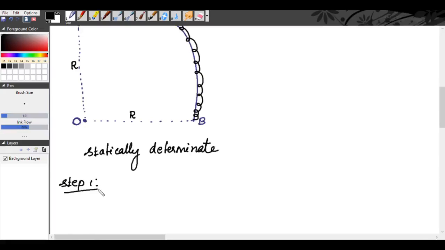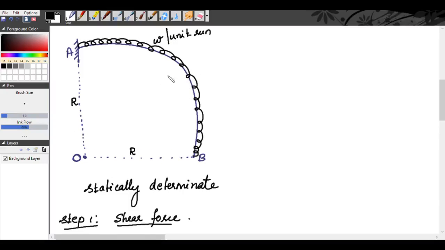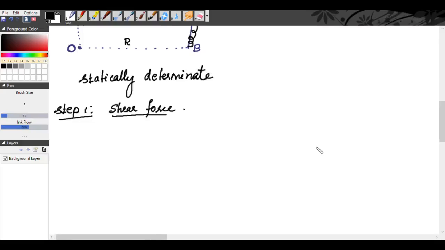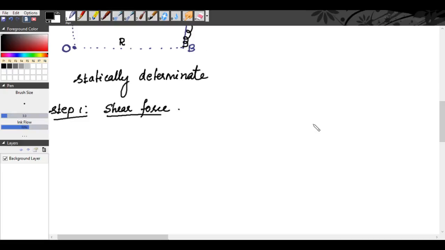After confirming it is statically determinate, we will move on to step 1. Step 1, we will find the shear forces. We are going to analyze the shear force. For analyzing the shear force, we will consider a section X at some point in the span AB. So I will draw the beam AB here.